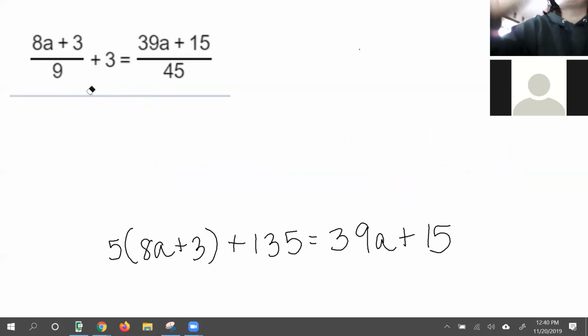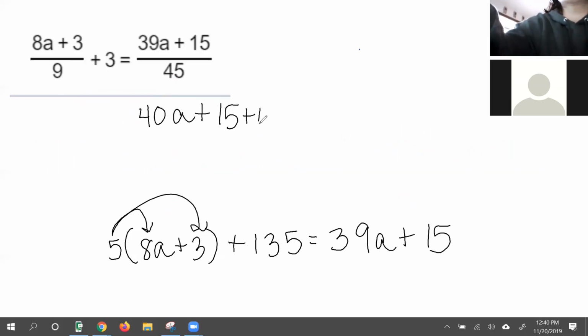So we're going to distribute that 5, so we're left with 40a plus 15 plus 13 equals 39a plus 15.